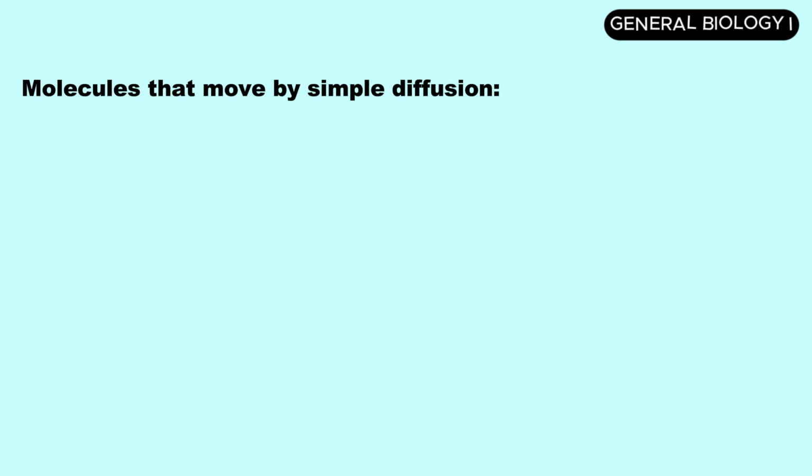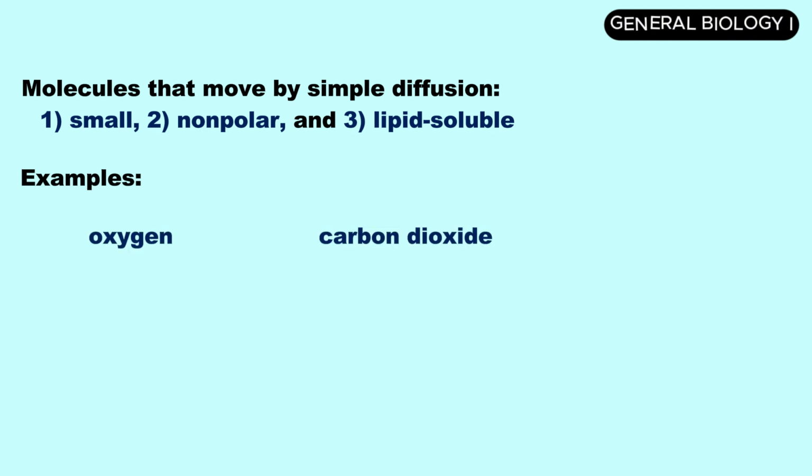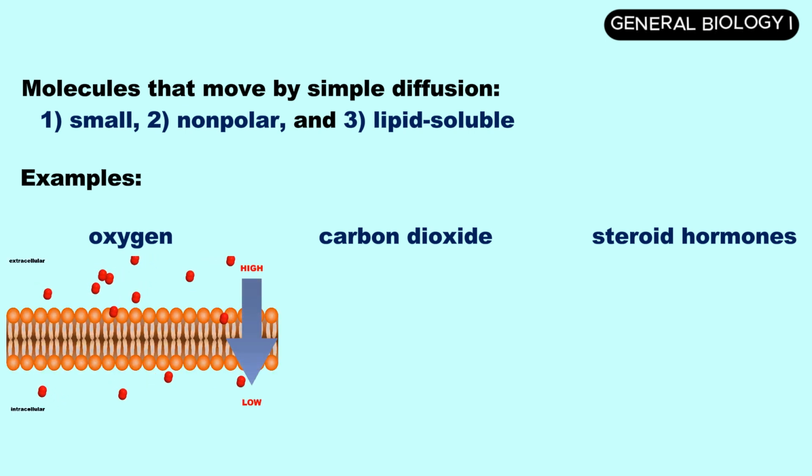Molecules that typically move by simple diffusion are small, nonpolar, and lipid-soluble. Examples include gases like oxygen and carbon dioxide, as well as small, lipophilic molecules like steroid hormones. Oxygen moves into cells by simple diffusion, going from higher concentrations outside the cell to lower concentrations inside.